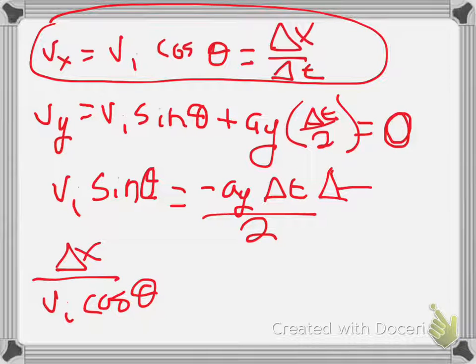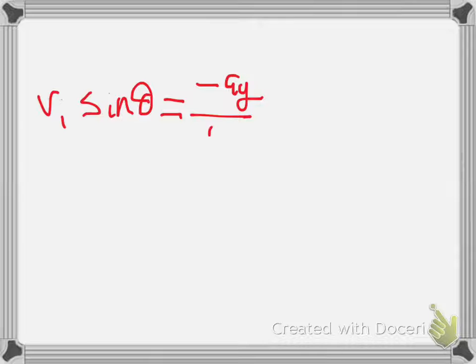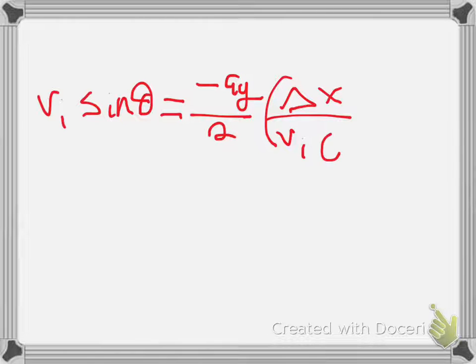Subbing that in for time, we wind up with initial velocity sine of theta equal to negative acceleration of y divided by 2 times delta x over initial velocity cosine of theta.